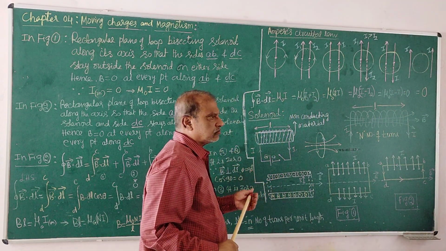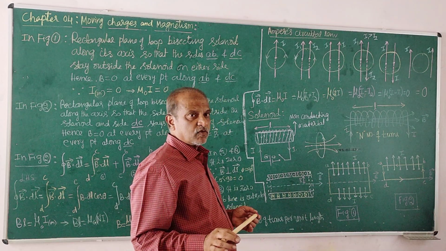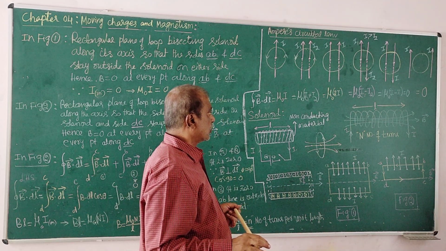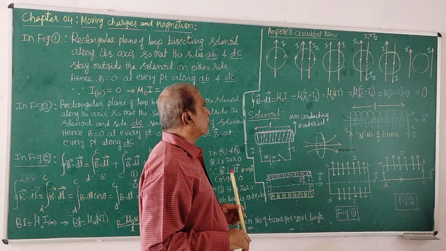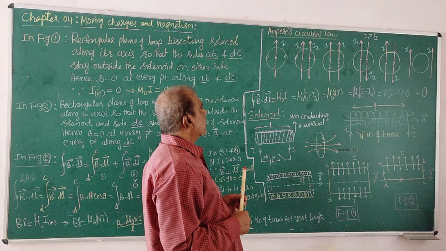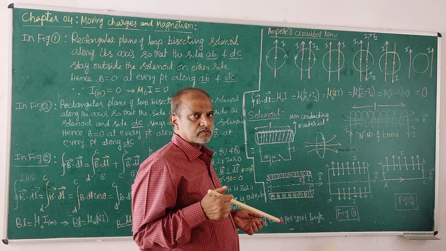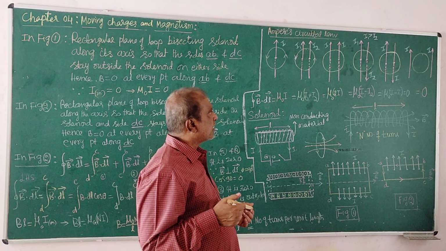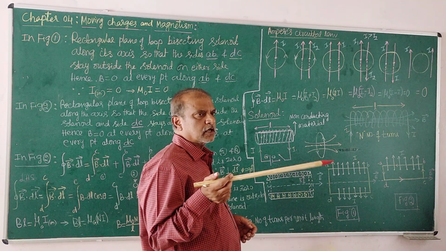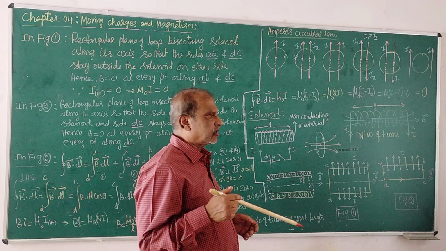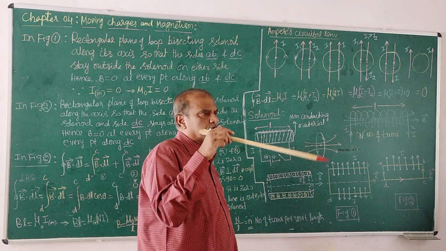Just to understand the exact meaning of Ampere's circuital law: this is about the loop. I have taken it in a circular shape. We can have a closed loop of any geometrical shape. Here the shape is circular.